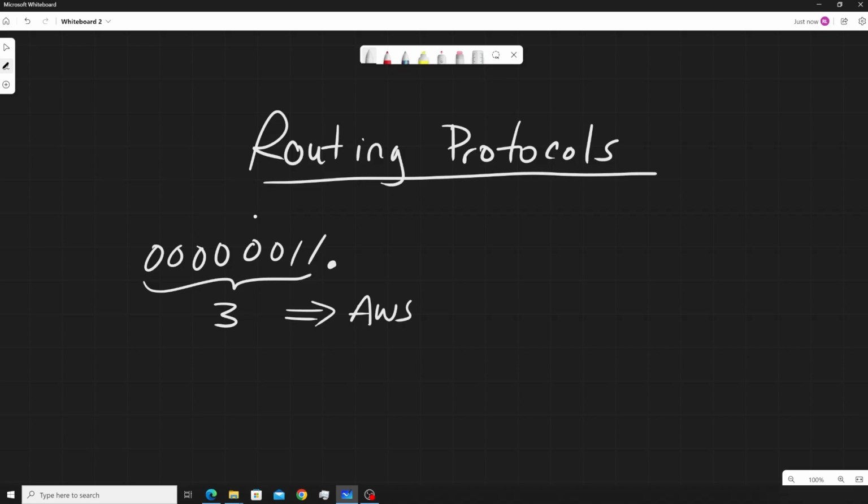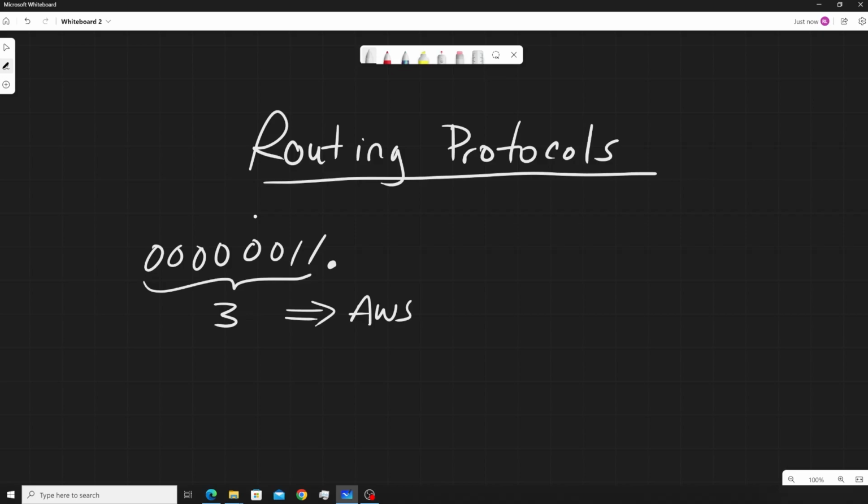This is, of course, the largest, but you can imagine some other bit string to represent CUNY's network, and another bit string would represent NYU's network. Those would probably be much longer. But again, the prefix identifies the network, and then that network itself can have a certain number of hosts.